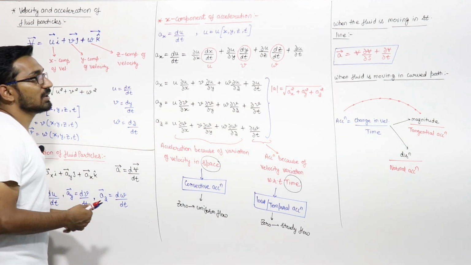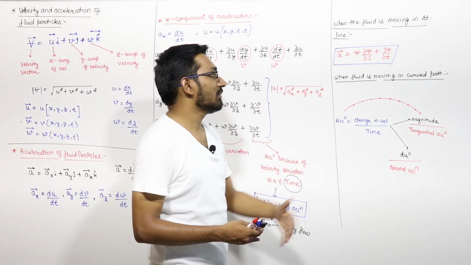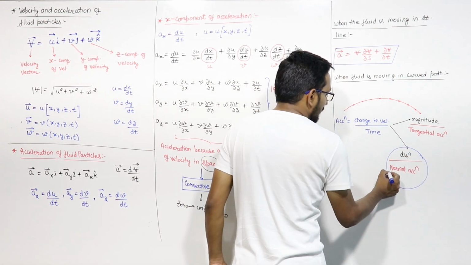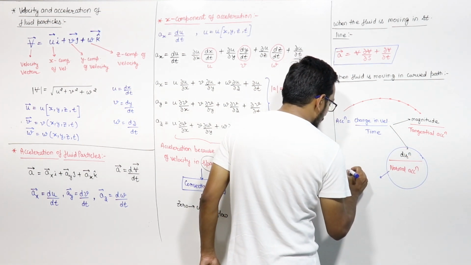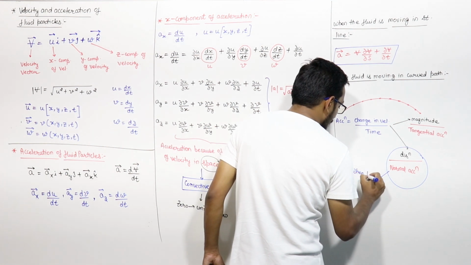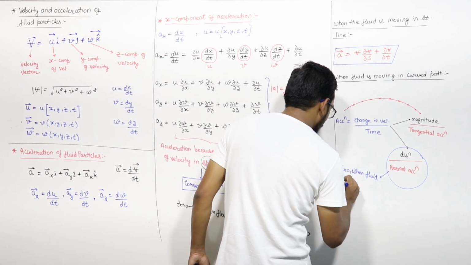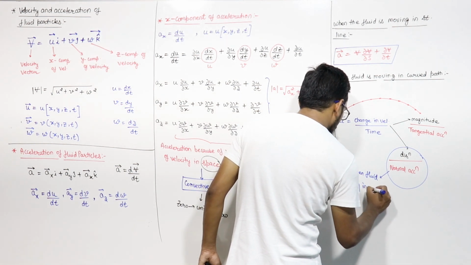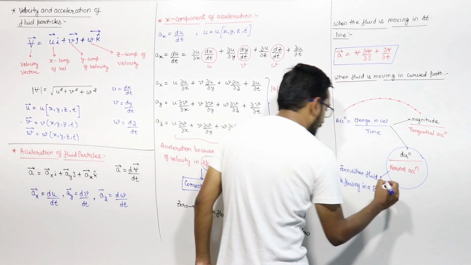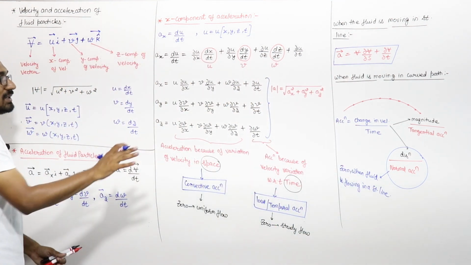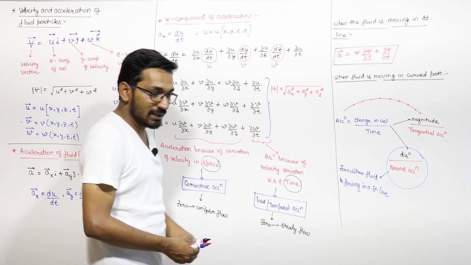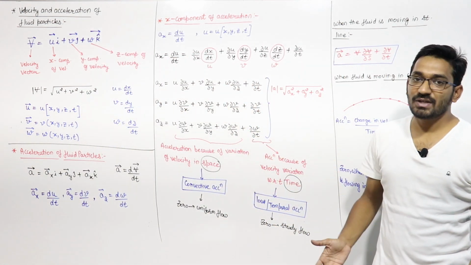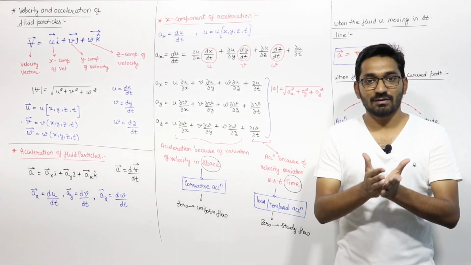So this is the difference between a fluid in a straight line and a fluid moving in a curved path. You can say that normal acceleration is zero when the fluid is flowing in a straight line. So this is how you can calculate the acceleration of a fluid particle. X component, Y component, Z component, they can vary with space and they can vary with time.